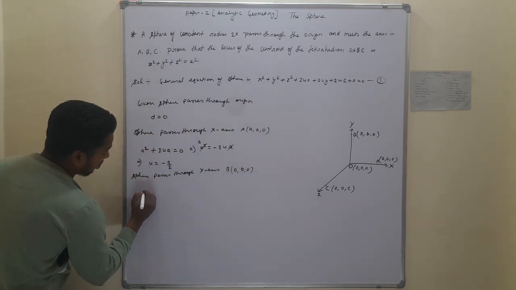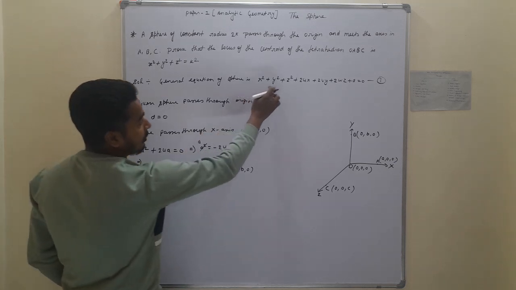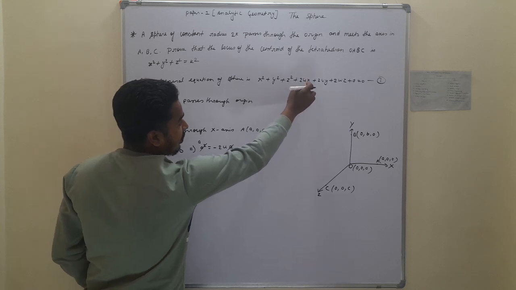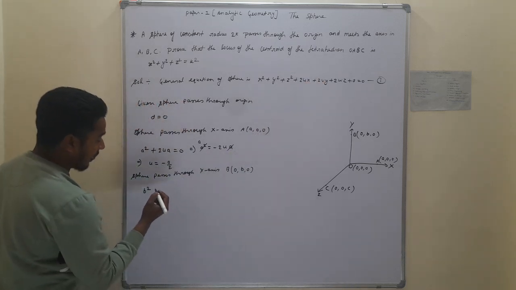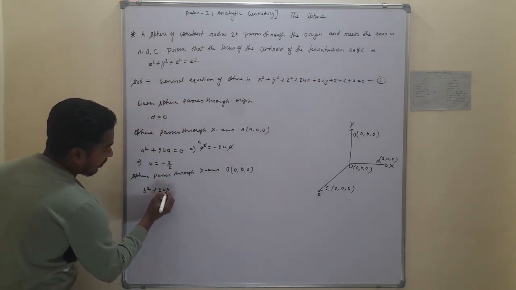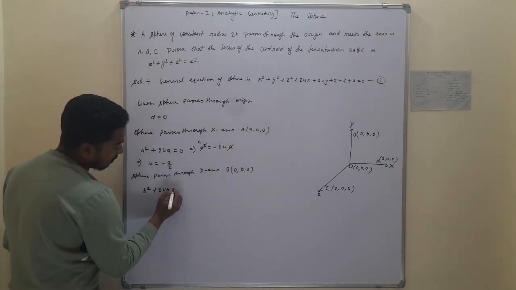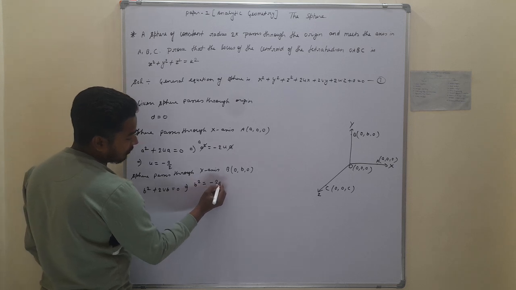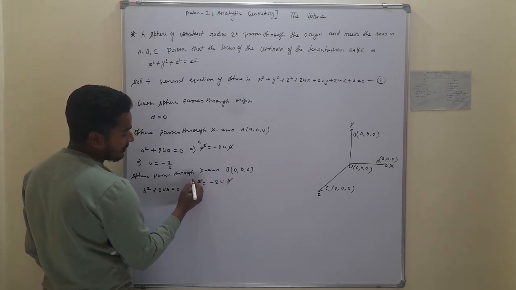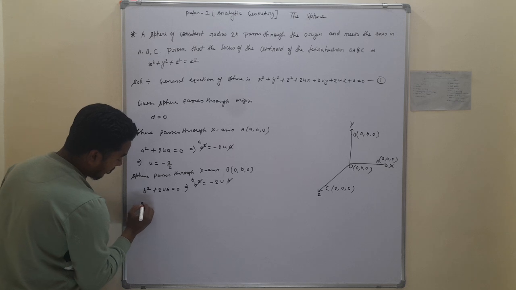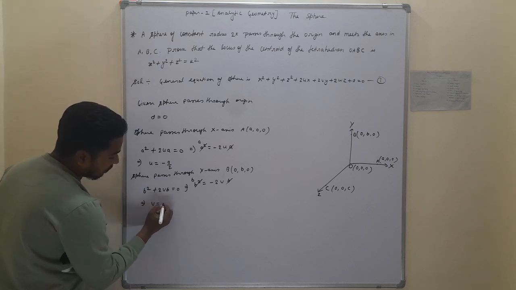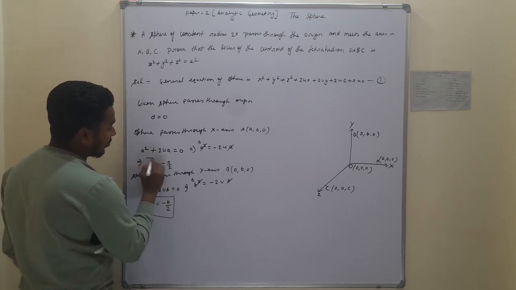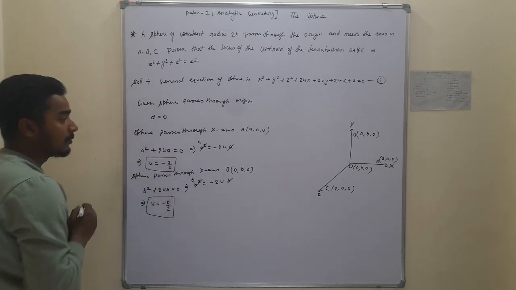So we get b square plus 2vb, and the remaining is 0, equal to 0. From here b square is equal to minus 2vb. The b cancels out, and we get v is equal to minus b by 2, and u is equal to minus a by 2.